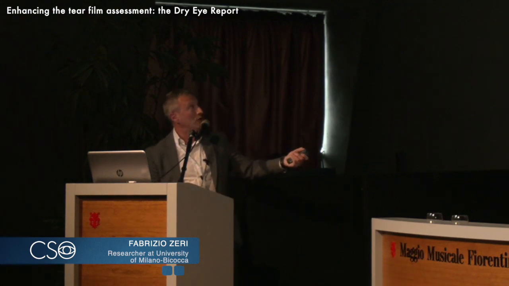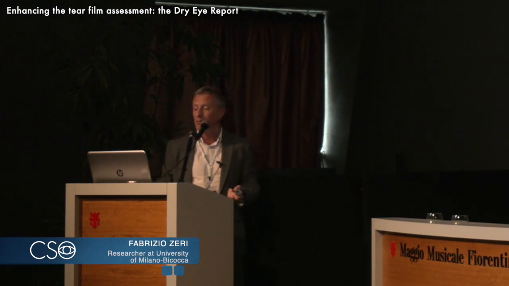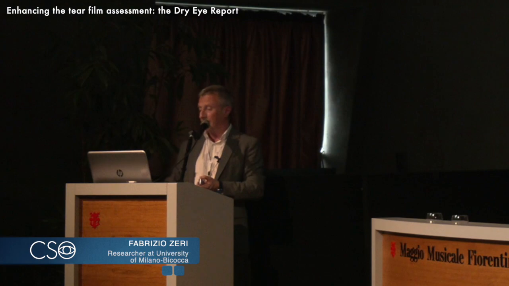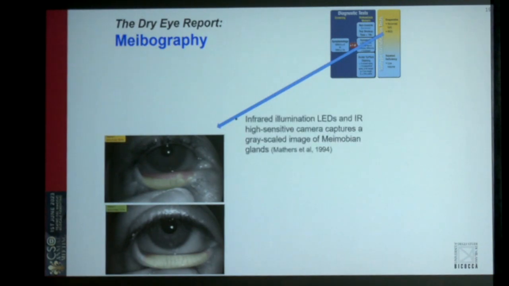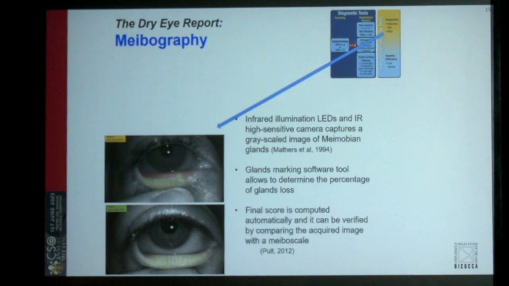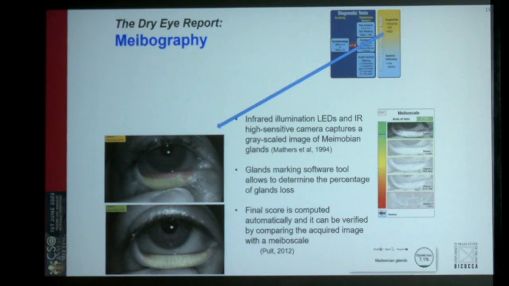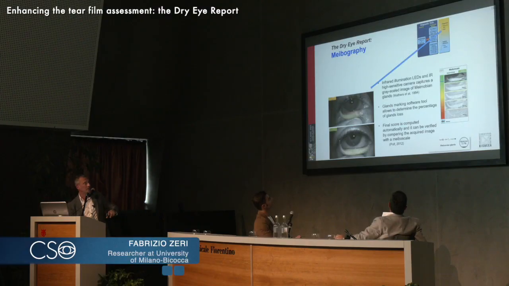Through meibography, we can check if there is a problem in terms of depth of glands, and so we can have a percentage of vital, good glands or not, on the lower lid and on the upper lid. In this case, we have a double use of the instrument: you can quantify exactly the glands that are working, or you can make a comparison with a grading scale that is quite famous in the field.